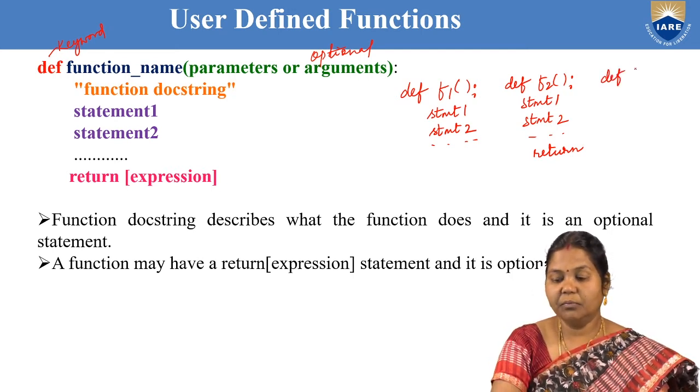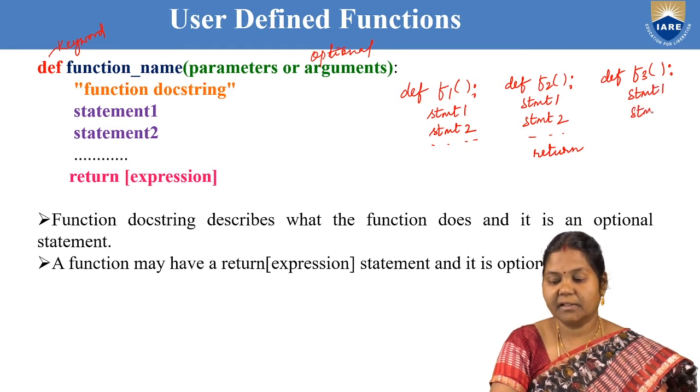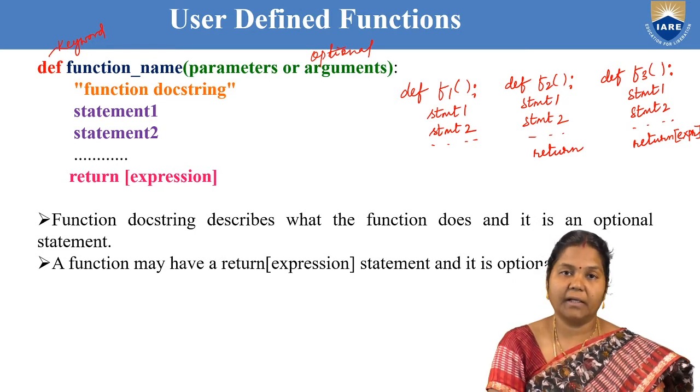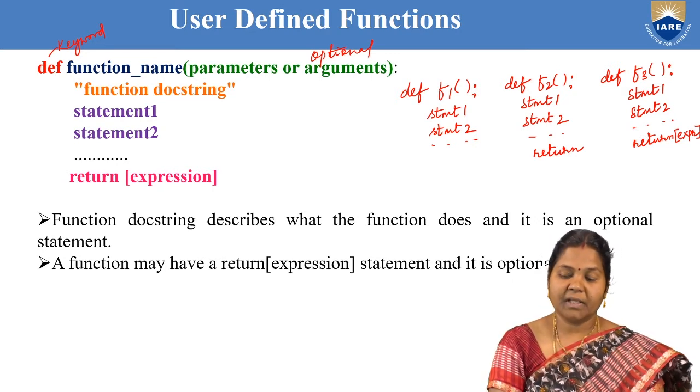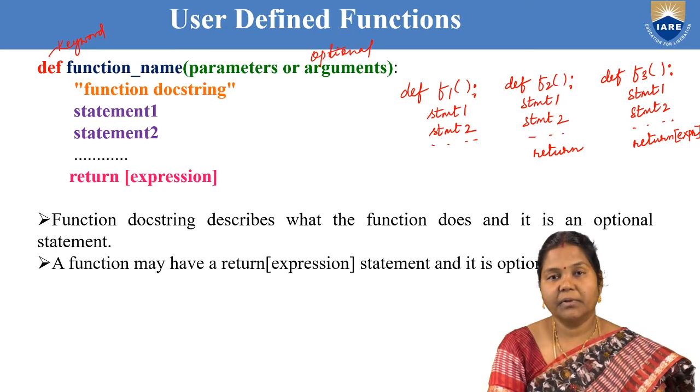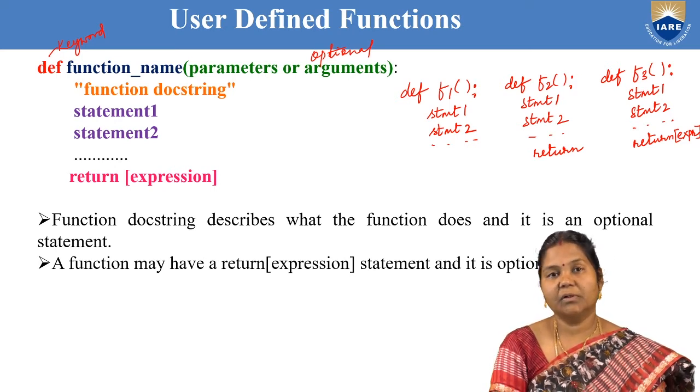But if you want to return some specific value, like function f3, which may or may not take some parameters, it executes a set of statements to do some task. After that, if you want to return some value, you can return it by writing the value, or by writing some expression, so that the function will return some value to the calling function.